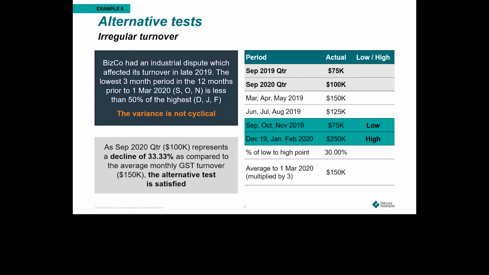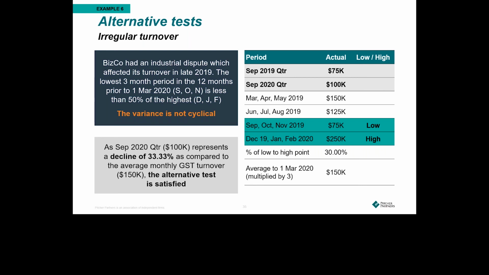So under the basic test, we're comparing to our 75,000 turnover. Now we're comparing to a much higher figure, double that, 150,000. And given our 2020 turnover actually was 100,000, it's fallen by over 30%, so 33.3%. And this decline in turnover test is satisfied, and we can access the first JobKeeper extension.